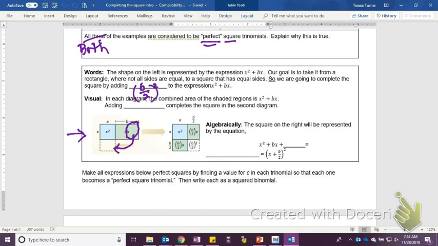In each diagram, the combined area of the shaded regions is x squared plus bx. Adding b over 2 squared completes the square in the second diagram.